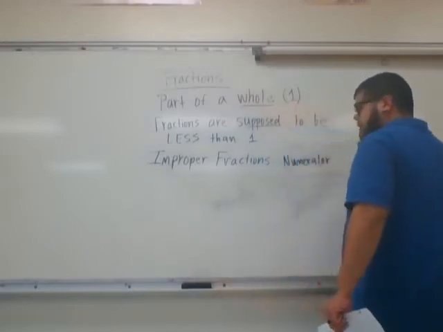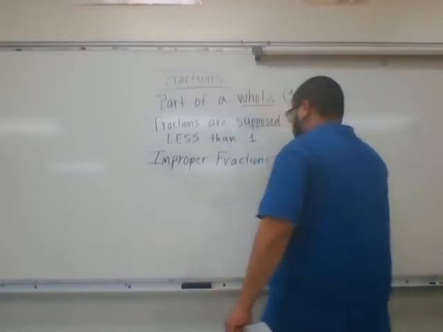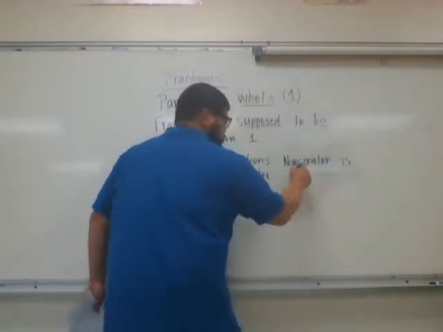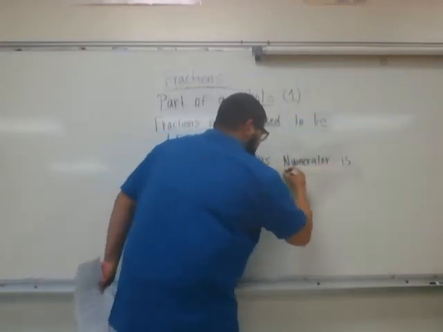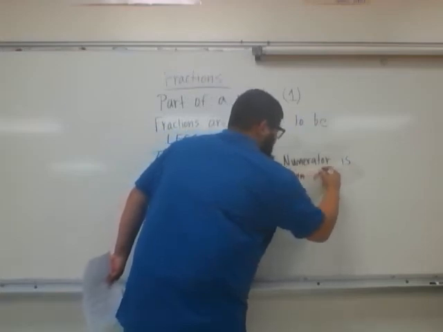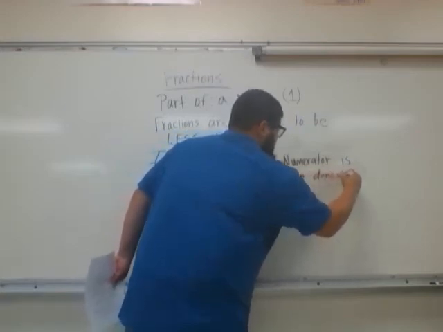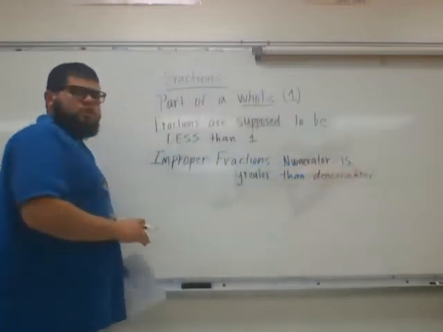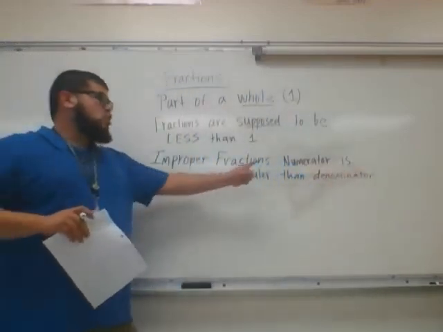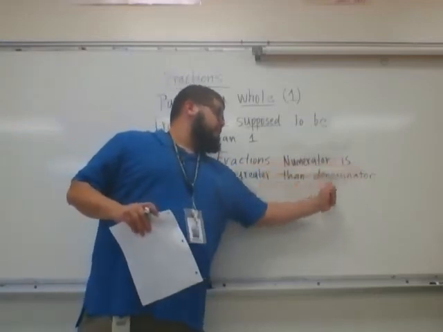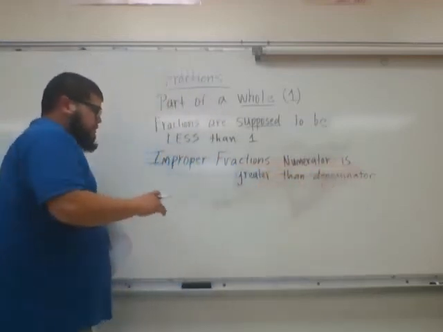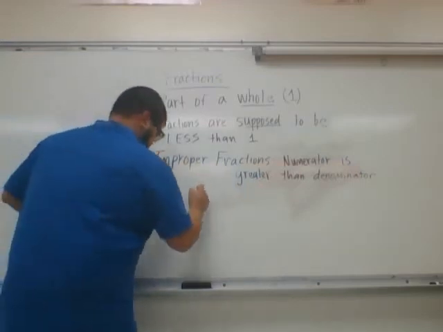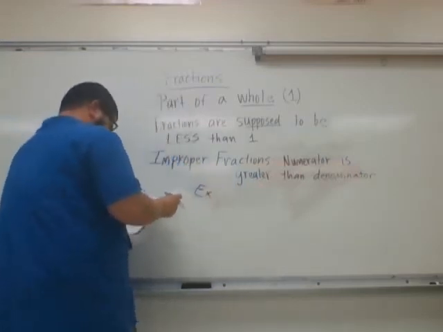We already said numerator is the top number. Numerator is greater than the denominator. Okay, so an improper fraction is when the numerator is greater than the denominator. That's the idea. Okay, here are some examples.